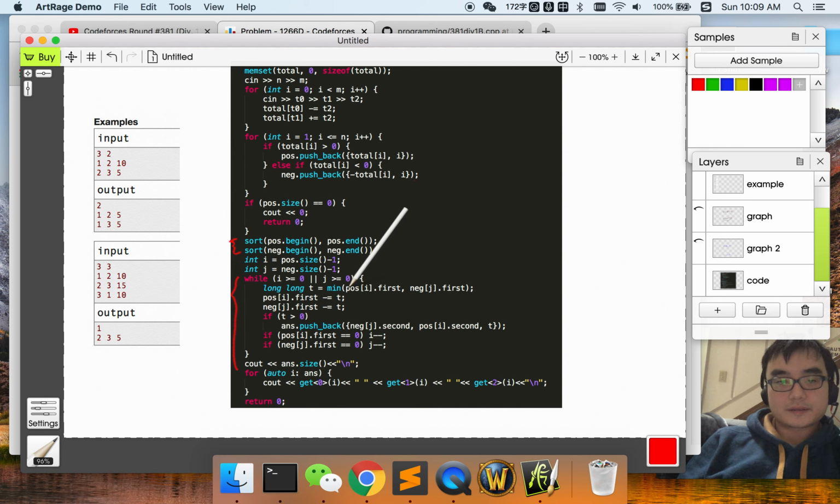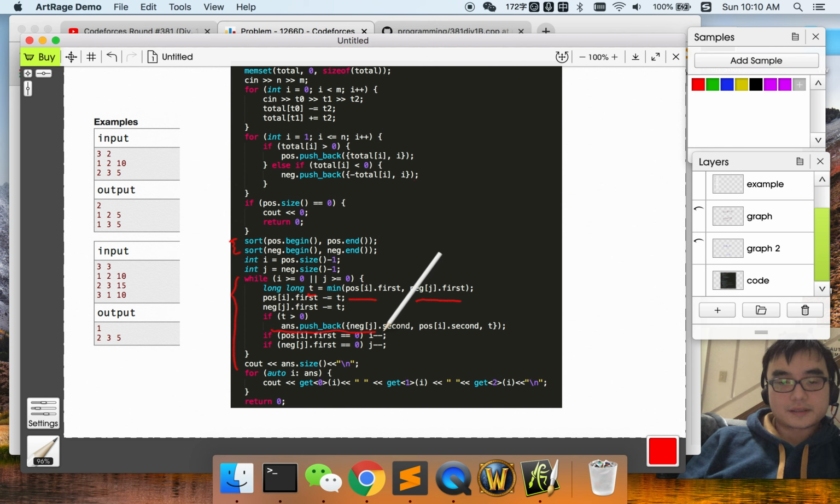In this part, in each step we get the minimum of the number at the current pointer in the positive queue and the pointer in the negative queue, and take the smaller one, and that is the amount of money we need to lend from the positive to the negative person, right?